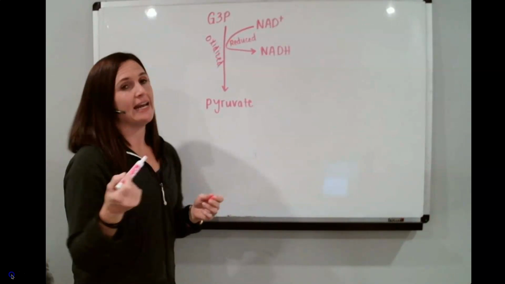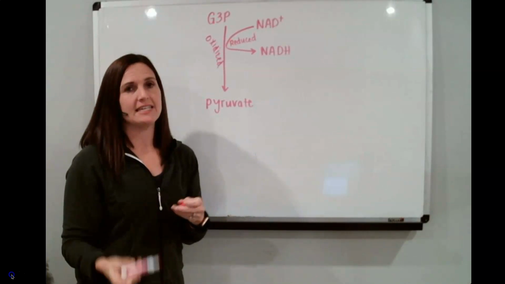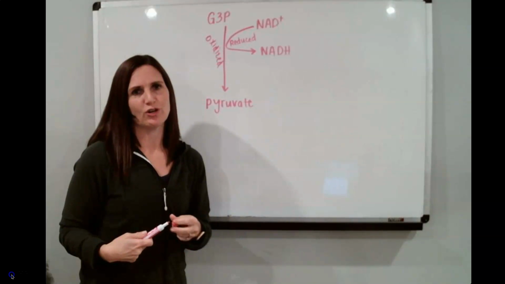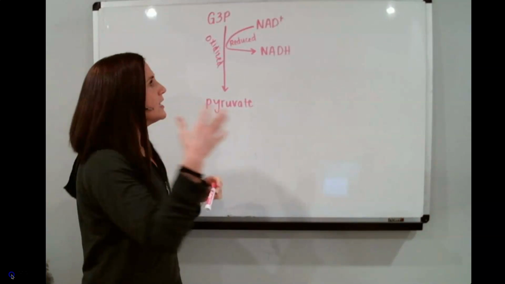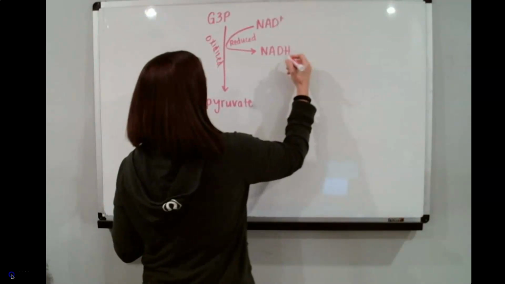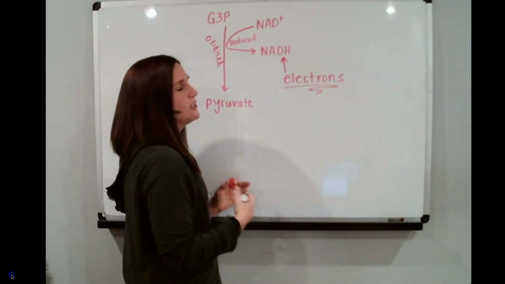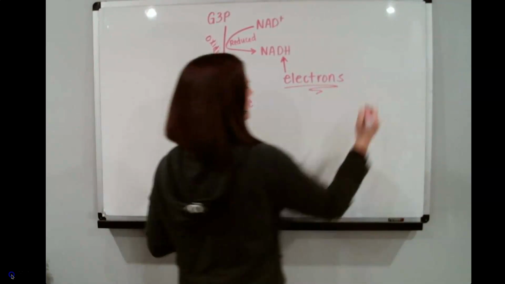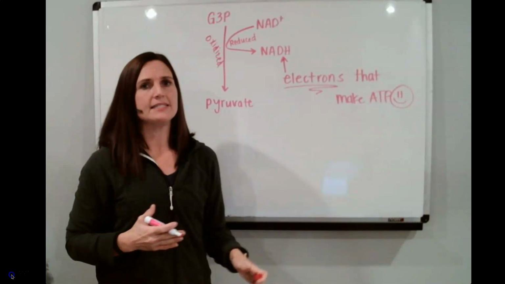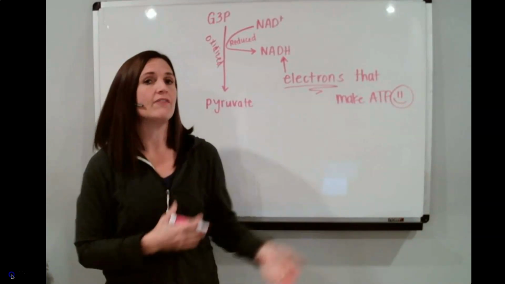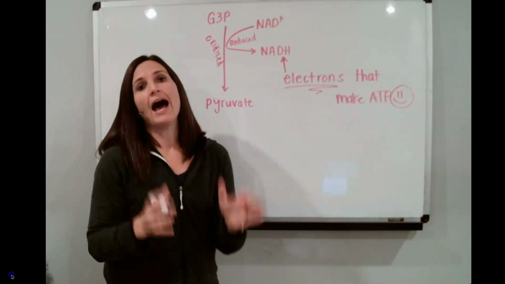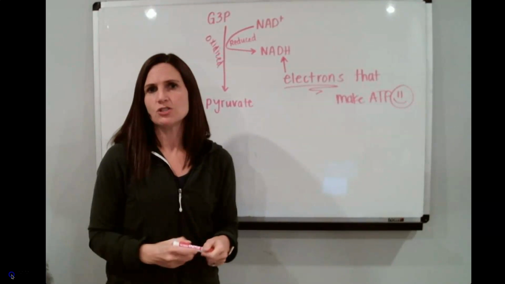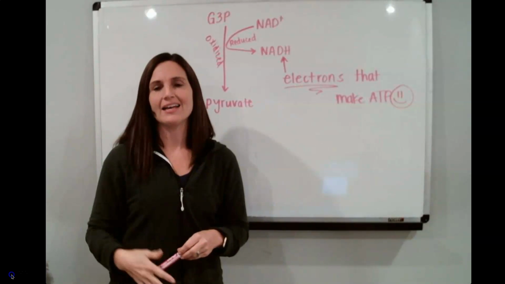So NAD and FAD get reduced all cellular respiration long until they reach the electron transport chain at the end. So we're going to be following these electrons. These electrons eventually make all the ATP. So we want to follow these electrons. So every time you see one of these NADs or FADs become NADH or FADH2, that is where our ATP is eventually really going to come from at the end of this whole story.